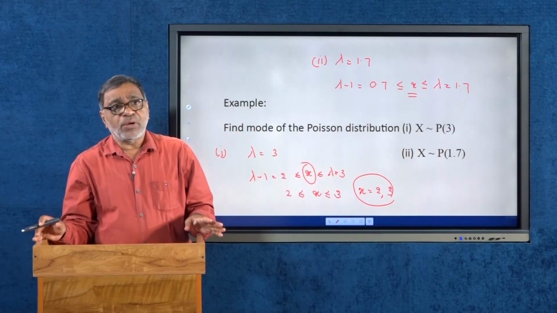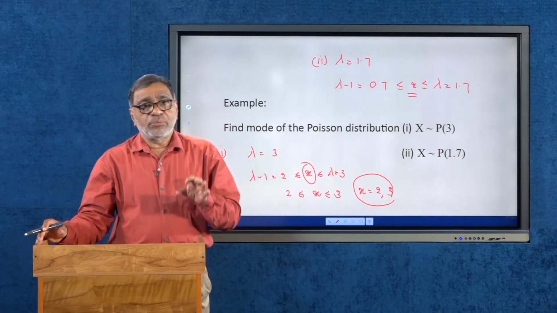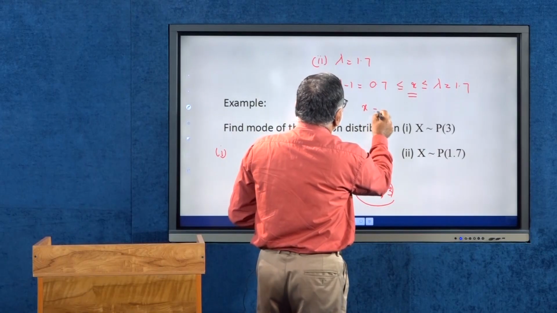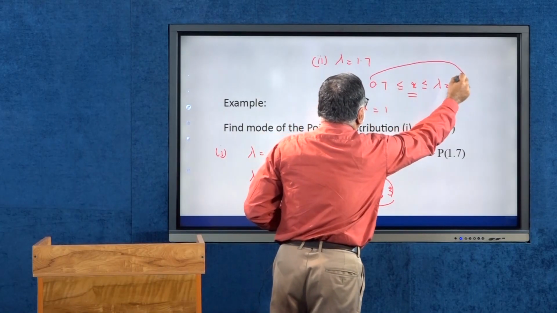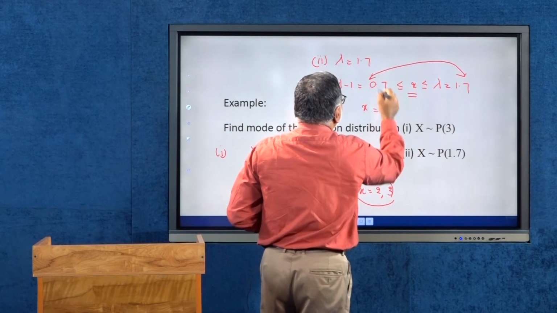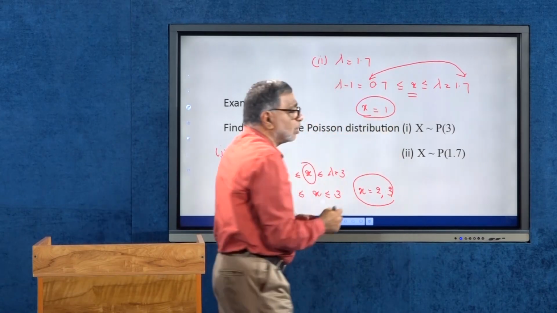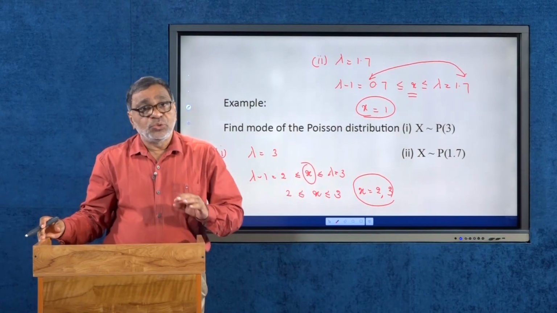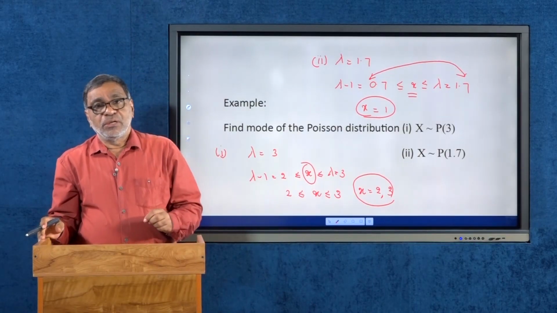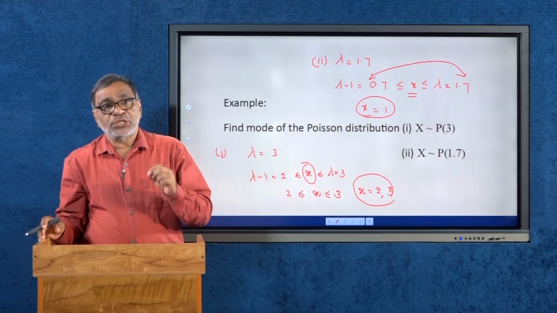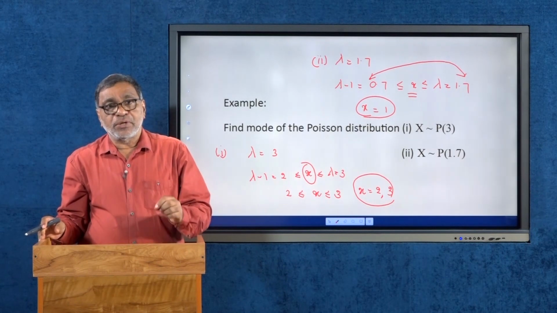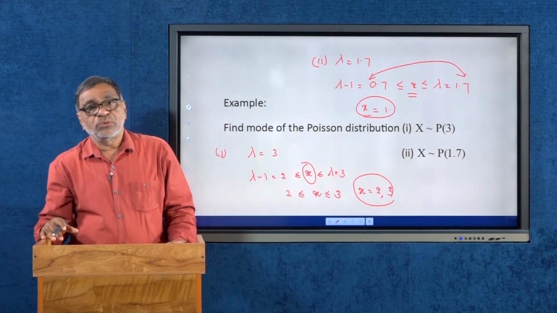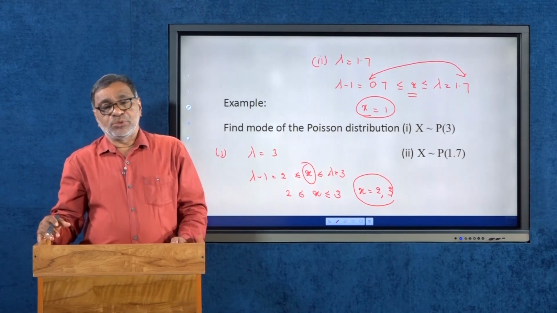What are the possible values for x? The only possible value is x equal to 1, because between 0.7 and 1.7 there is only one integral value, that is 1. So in that case the distribution is unimodal, with only one mode, that is, the probability mass function is maximum at x equal to 1. So these are the examples with regard to the mode of the distribution.